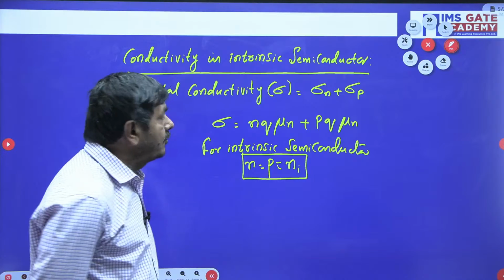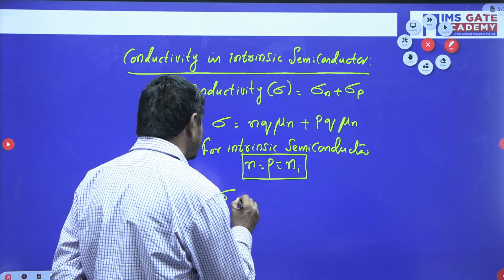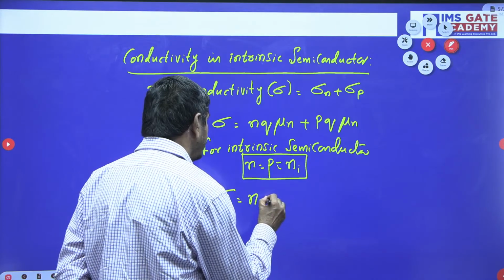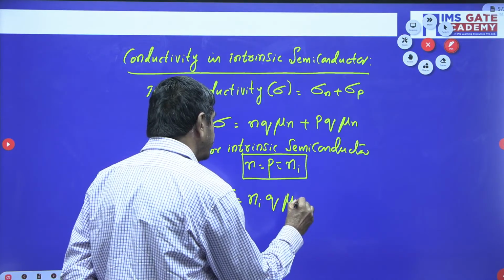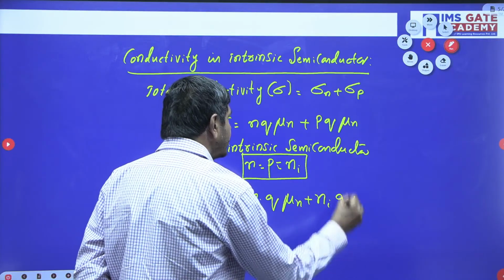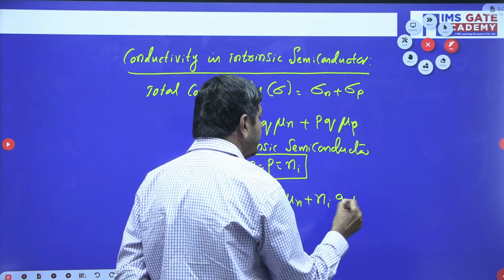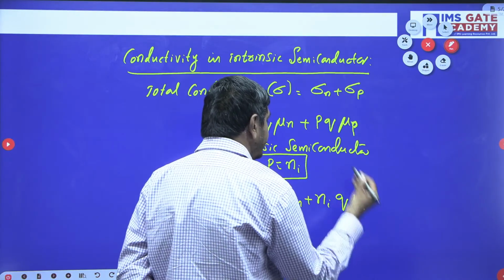That Ni value I would like to substitute here. Then sigma equals Ni into Q into mu N plus P means Ni into Q into, sorry, this is mu P required. P into Q into mu P I can write here.